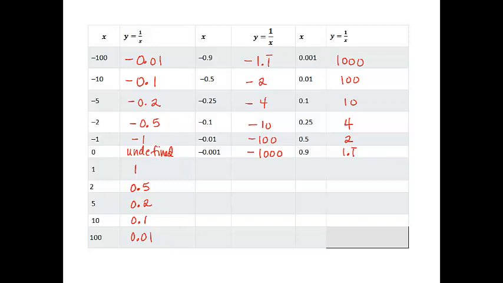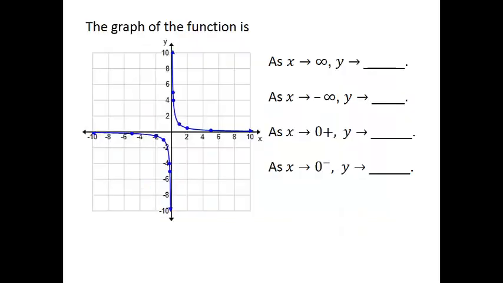And so if we actually plot these values on a coordinate system, we will get the graph as shown here. Understand, obviously I can't graph some of those points, like 0.001 where the output was 1000. My graph is not going to show that very clearly, but the points I can have, I have put on here.